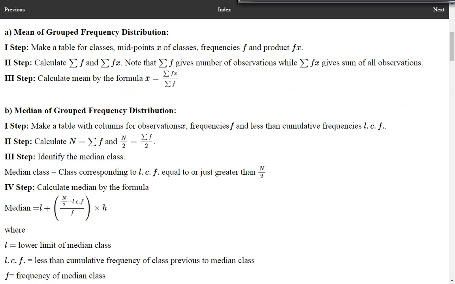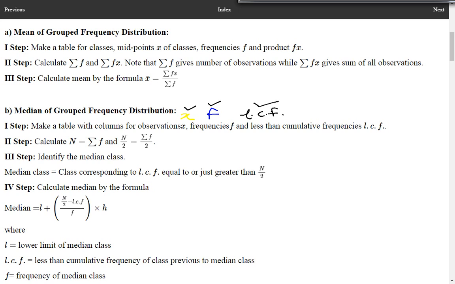Now let us see how to find median. So to find median, we have to make a table with observations x, frequencies f and less than cumulative frequencies. So make a table with 3 columns x, f and LCF.